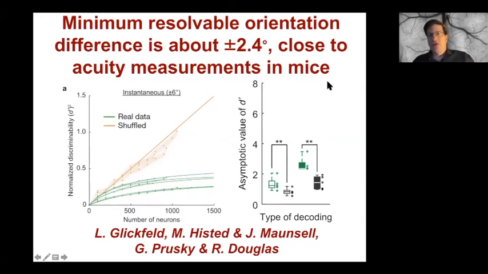So an order of magnitude calculation estimates that it's about 2.5 degrees, which happens to be in quite close agreement with previous psychophysical or behavioral measurements of visual acuity in mice. So it seems that the behavioral measurements and what you would infer from the sensory cortical responses in V1 actually are in close correspondence. They're consistent.